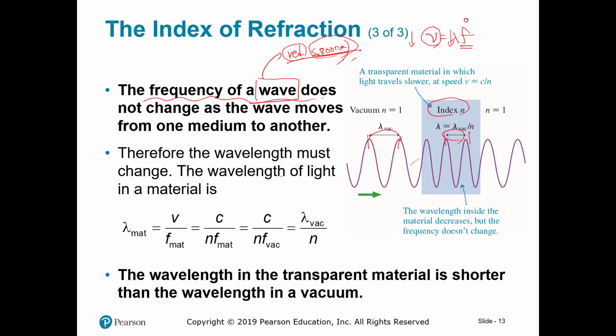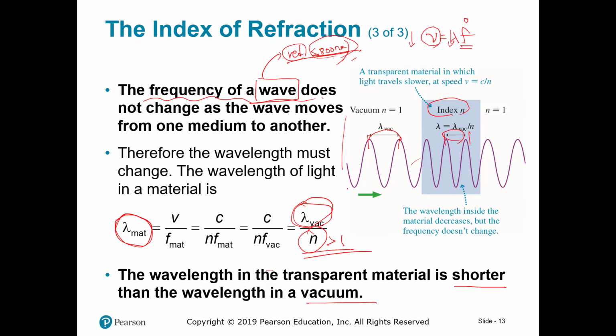The frequency is constant, so the wavelength is decreasing. The wavelength in the material is simply the vacuum wavelength divided by n, and n is greater than 1. So the wavelength in the transparent material is shorter than the wavelength in a vacuum.